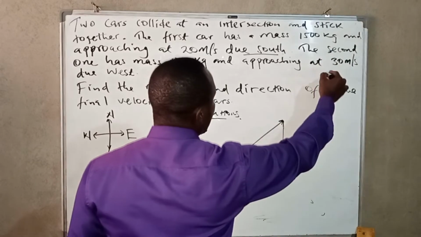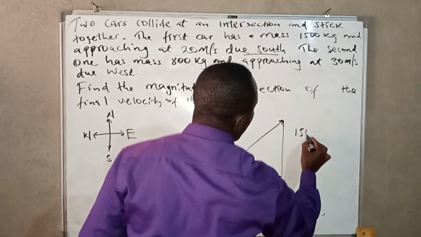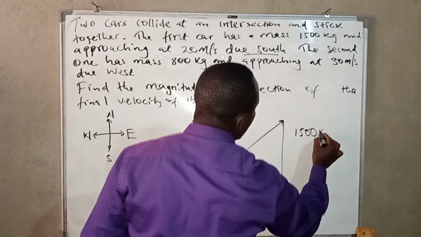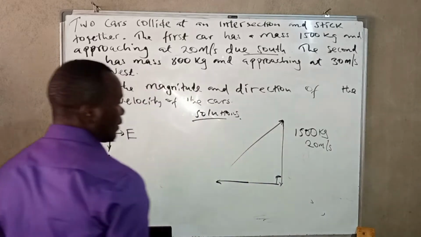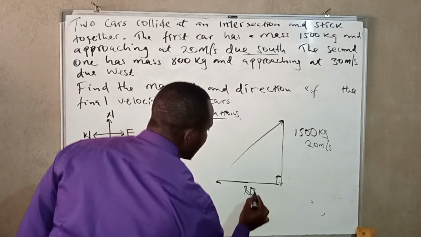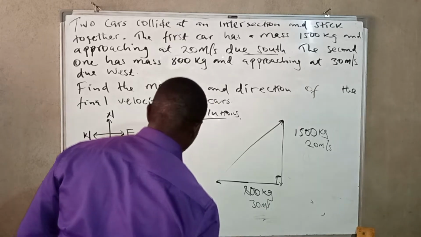We have the first one, which has 1,500 kg approaching at 20 meters per second. Then we also have 800 kg approaching at 30 meters per second.